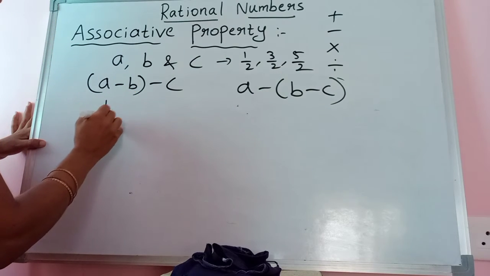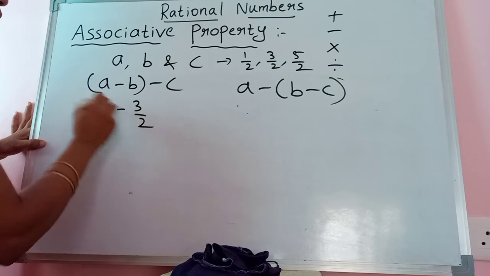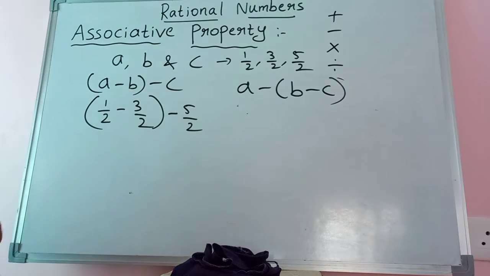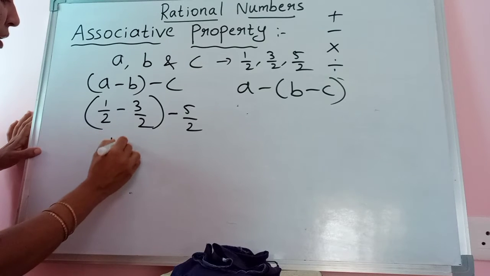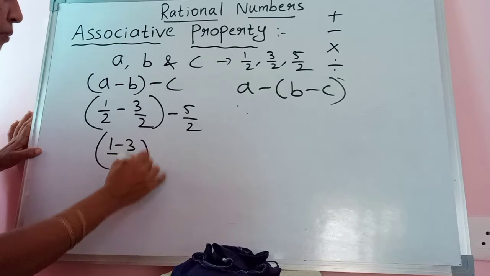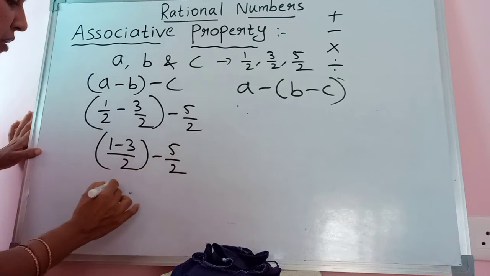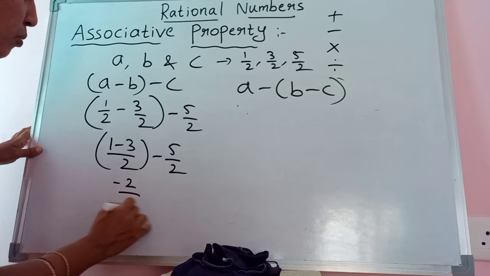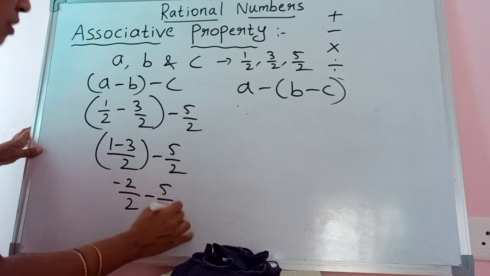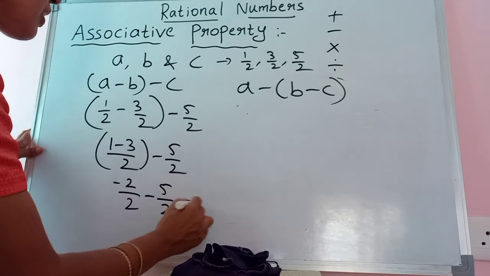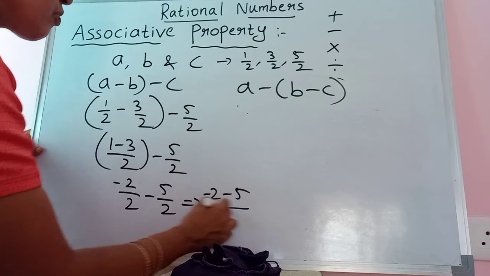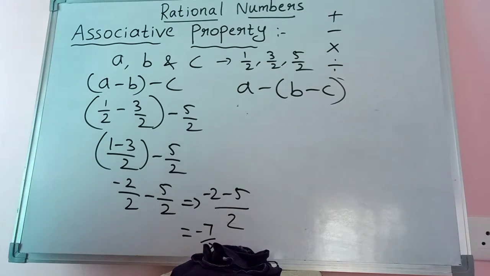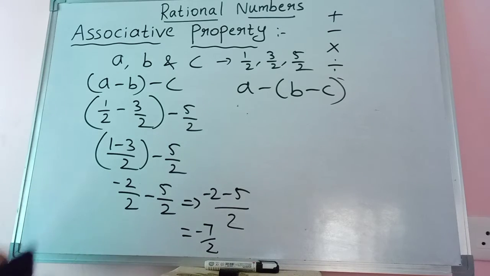Now a is 1/2, minus 3/2, minus 5/2. Left hand side: 1 minus 3 by 2, we cannot subtract 3 from 1, the difference is minus 2. Minus 2/2 and minus 5/2 gives minus 7/2. The left hand side value is minus 7/2.